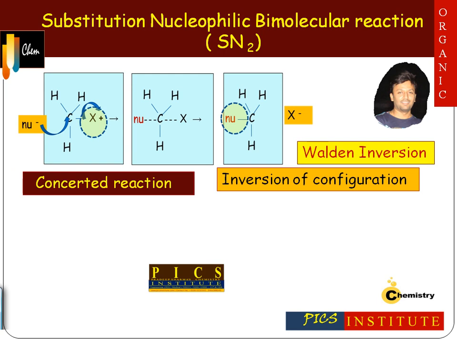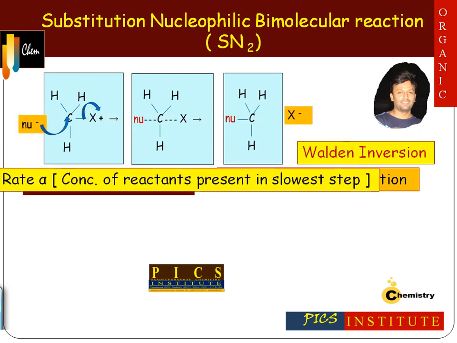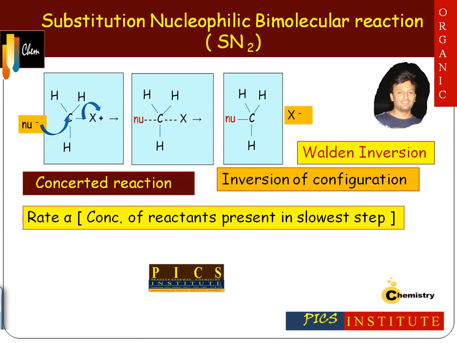Now, such reactions which take place only in one step are also called concerted reactions. Now students, from the rate law we can say that the rate of a chemical reaction is directly proportional to the concentration of those reactants which are present in the slowest step.